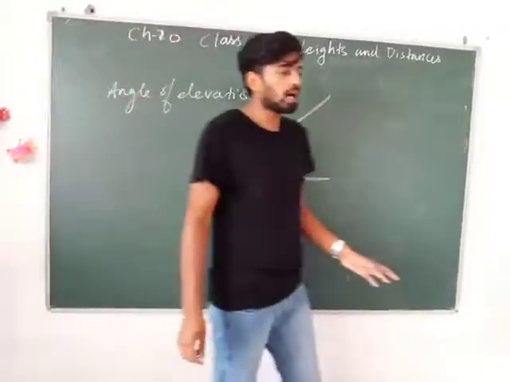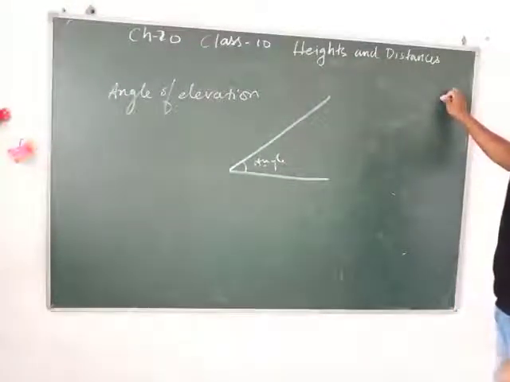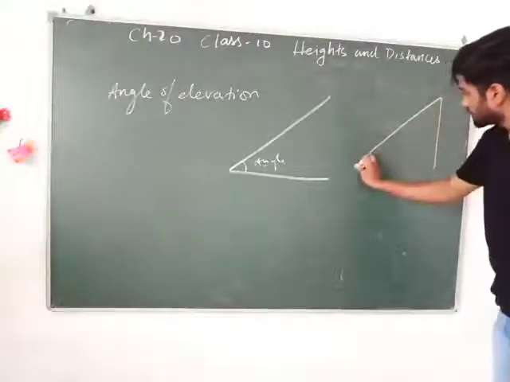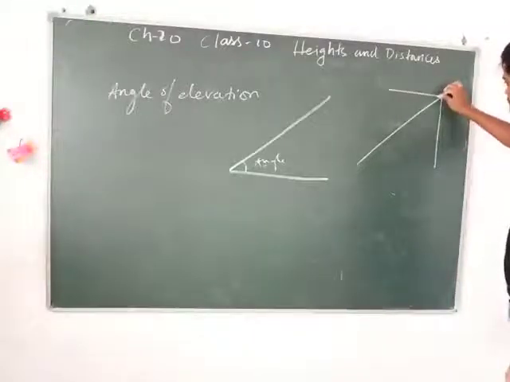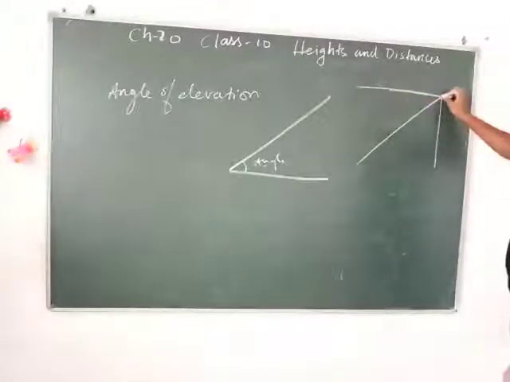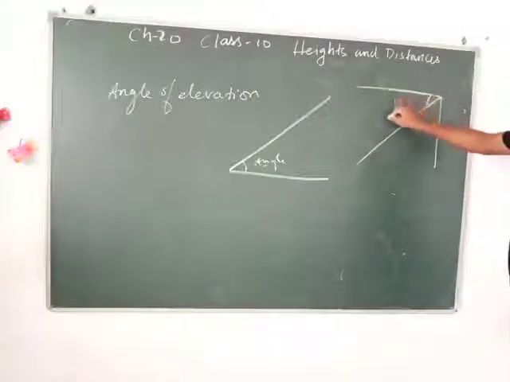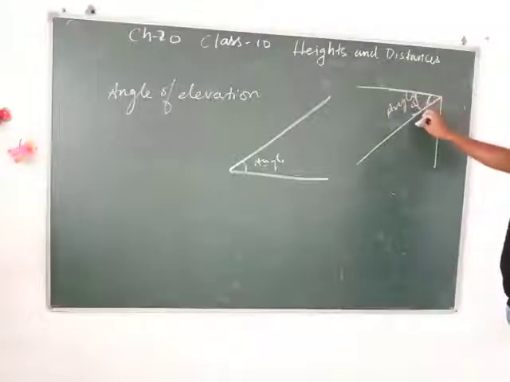But if you are standing on the top of something, for example, the top of a building, and you're looking down, then the angle between the horizontal line and the line where you are looking is called angle of depression.